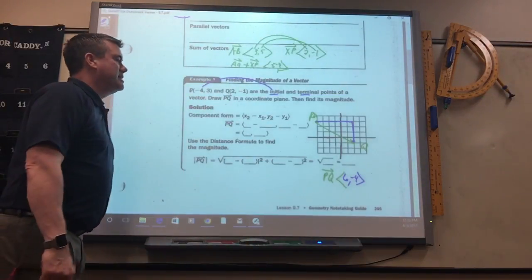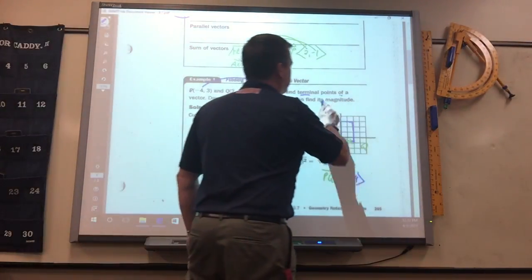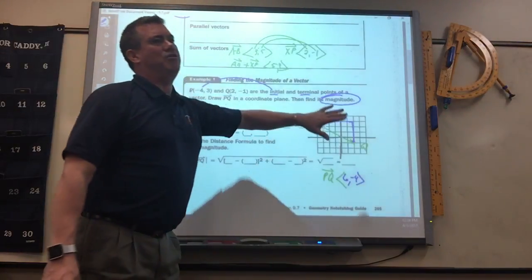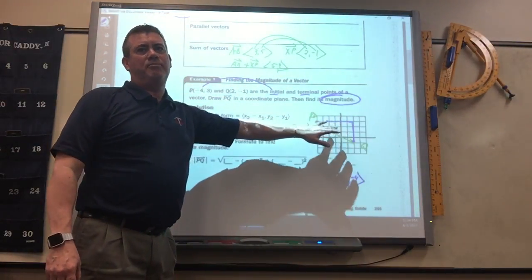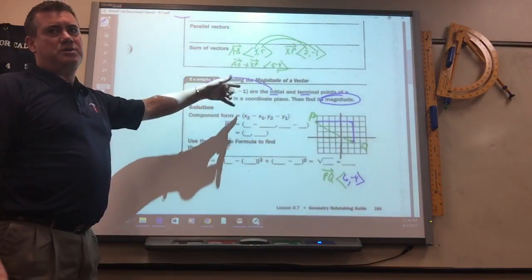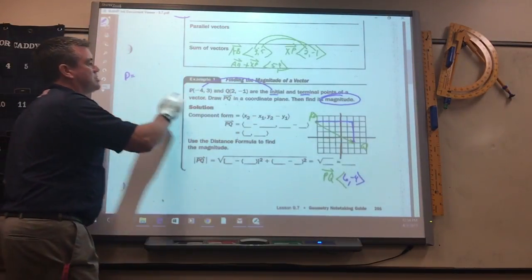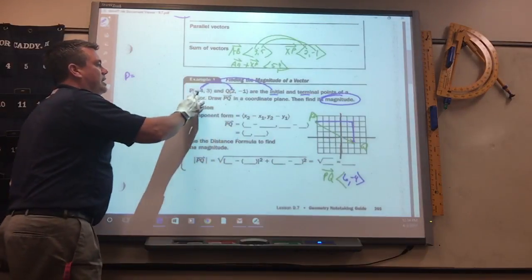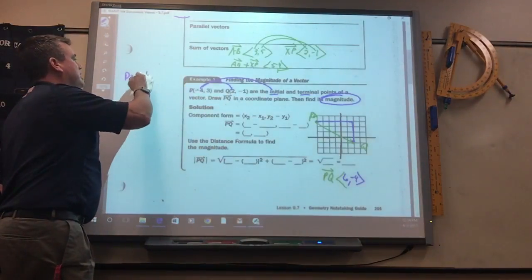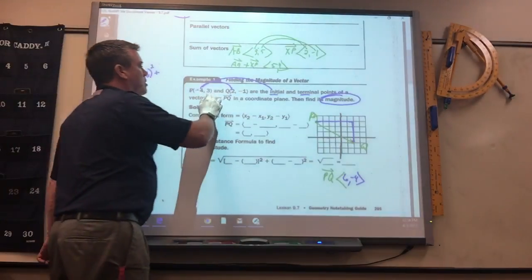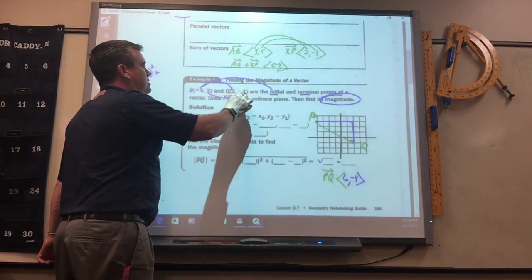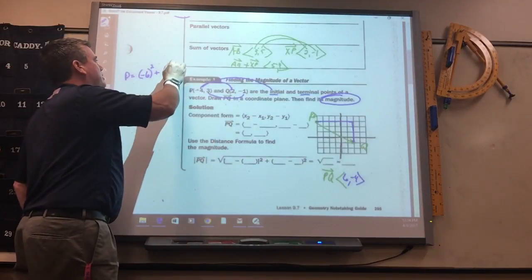Okay? Now, to find its magnitude, if you have the graph, you can use the Pythagorean theorem. If you're just given 2 points, you use the distance formula. So the distance formula is x minus x: -4 take away 2 is -6, squared. Plus y minus y: 3 take away -1 is 4, squared.